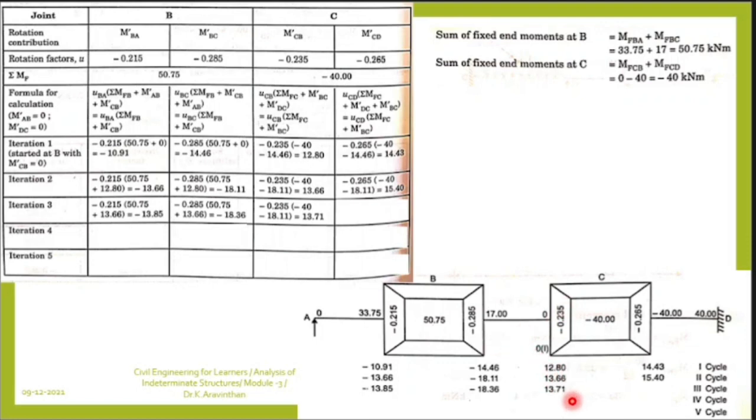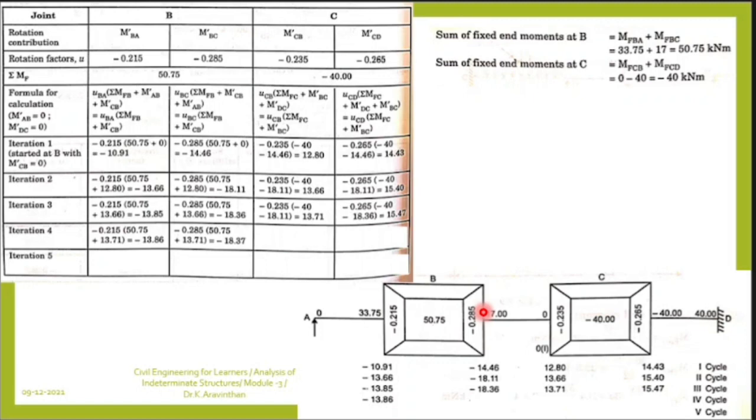And last column, minus 40 minus 18.36 into 0.265. 15.47, yes. 50.75 plus 13.71 into 0.215. Next will be 50.75 plus 13.71 into 0.285. Yes, 18.37.